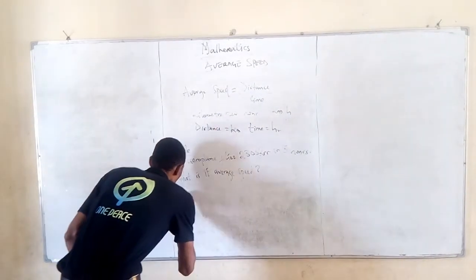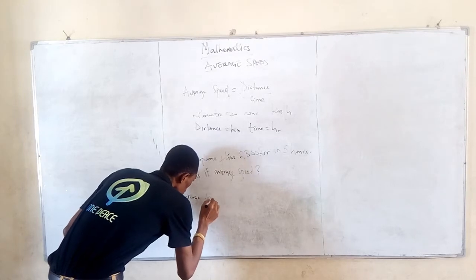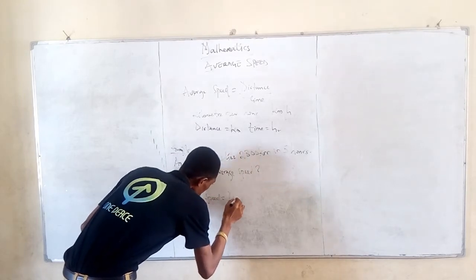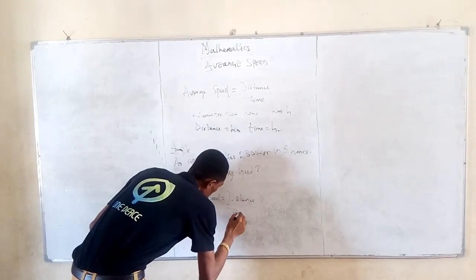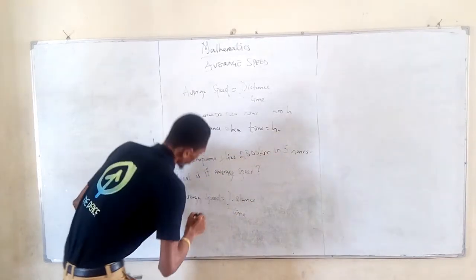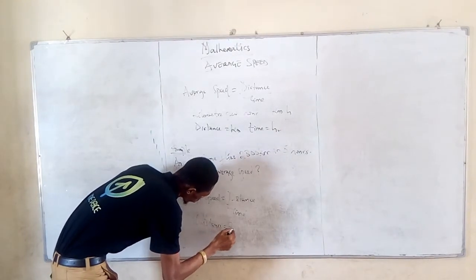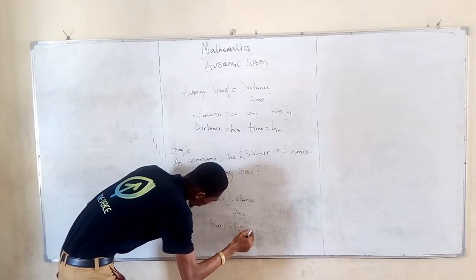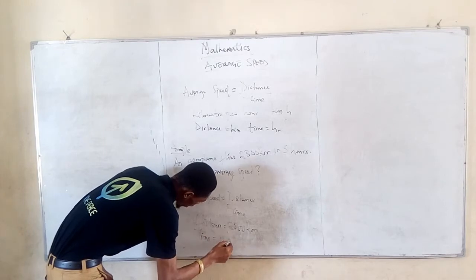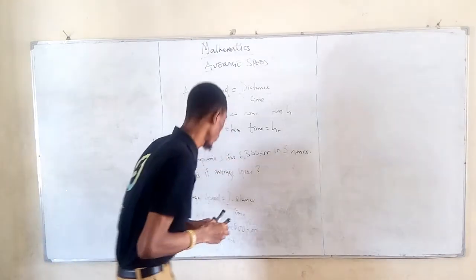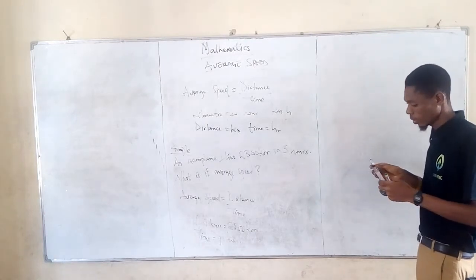I told us earlier that average speed is equal to distance all over time. And here our distance is what? 2,800 kilometers. And our time is 5 hours. So let's input this information into our formula and see what we get.